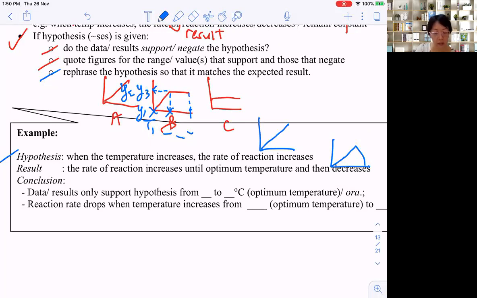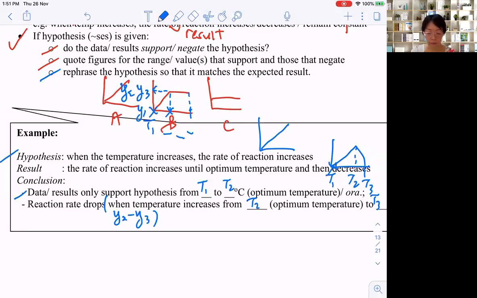Okay, so the data or result only supports the hypothesis from this temperature to this temperature, T1 to T2. So write down T1 to T2. Then the rate of reaction drops when the temperature increases from T2 to T3. So the rate of reaction drops from Y2 to Y3 when the temperature increases from T2 to T3.